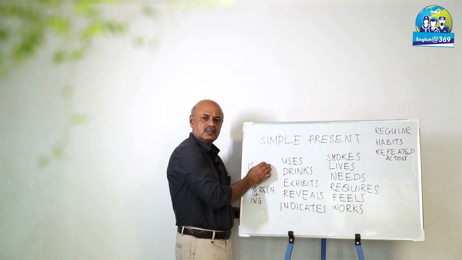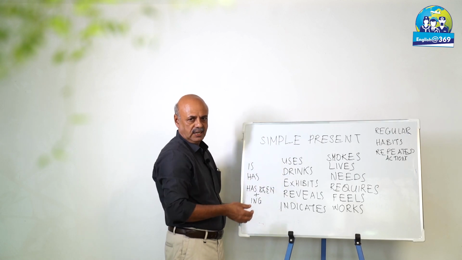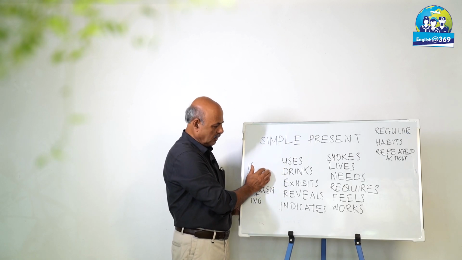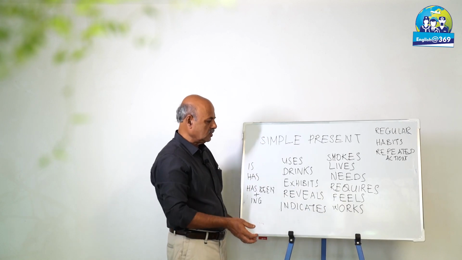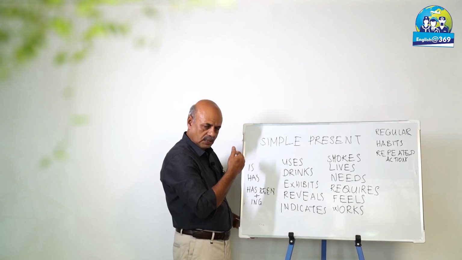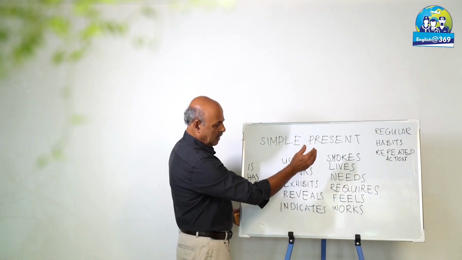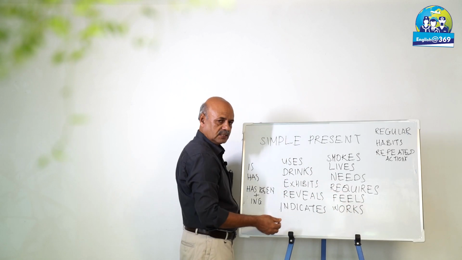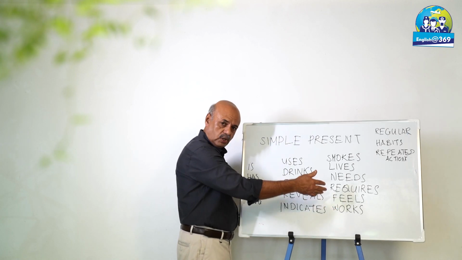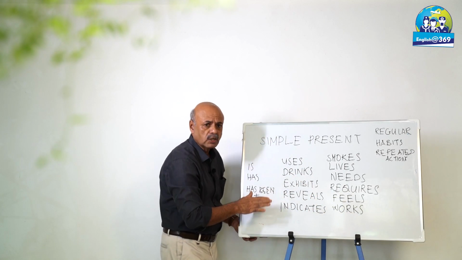When we talk about the social background or maybe the lifestyle, we know the person could be drinking, smoking, or using drugs, or maybe exhibiting certain symptoms, and maybe his blood report, his investigation report, or examination will reveal something, it indicates something, and maybe the person needs, requires, feels isolated and insecure, and maybe the person works as a bank manager or as a social worker, or lives in a particular place, whatever be that.